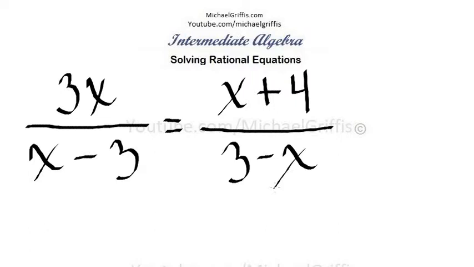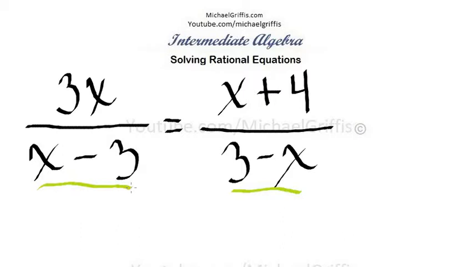Now let's take a close look at this before we get started doing anything. You see this 3 minus x? Well, it looks a little bit like x minus 3.